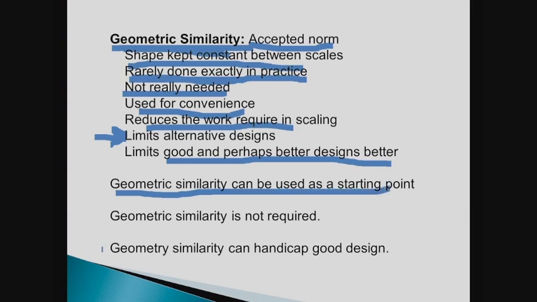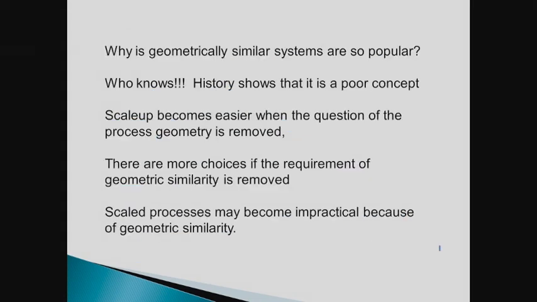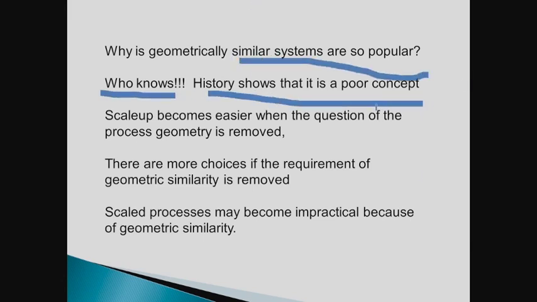Geometric similarity can be used as a starting point. Yes, not required. Similarity handicaps good design. Why is geometric similarity so popular? Who knows? It's a poor concept. It's a really poor concept. Scale up becomes easier when the question of process similarity, process geometry is removed. There you go.